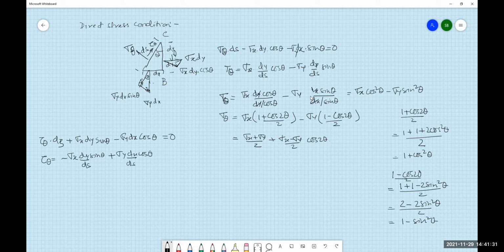And if we put ds equal to dy by cos theta and dx by sine theta, we can put ds like this: minus sigma x dy sine theta divided by dy by cos theta, plus sigma y dx cos theta divided by dx by sine theta.